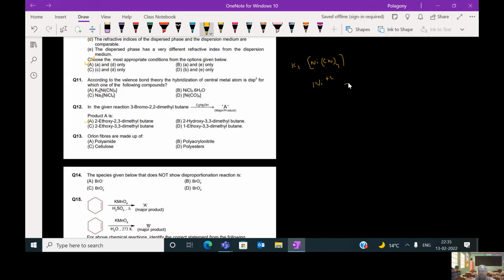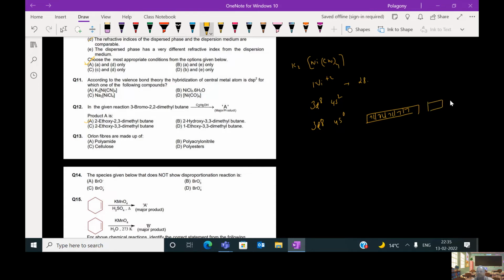Now let us look into this. Nickel is 28, so out of 28, 2 electrons are removed. 3d8 4s2 is the ground state configuration, so it becomes 3d8 4s0, and in the d orbital we have to write 1 2 3 4 5 6 7 8 electrons.